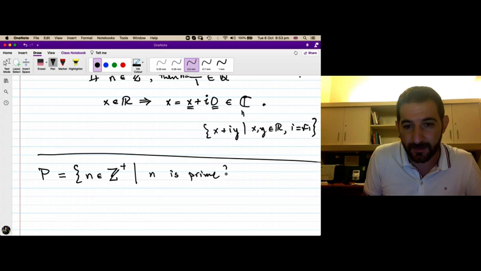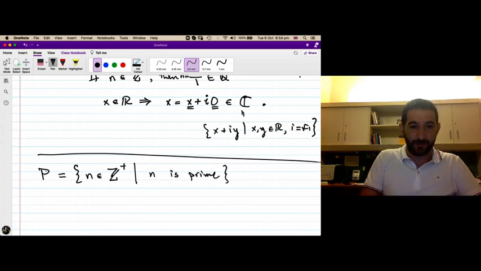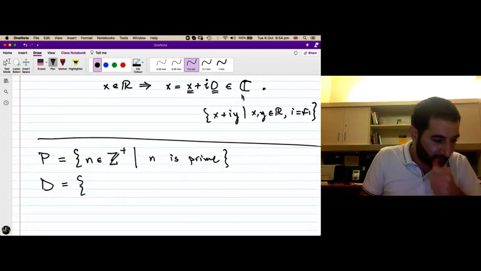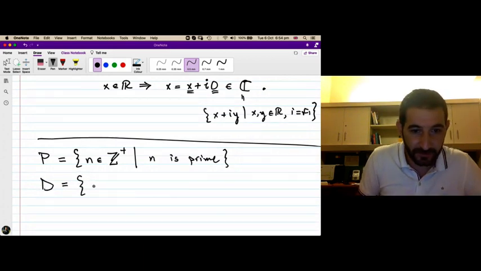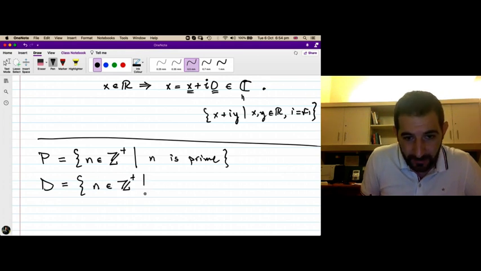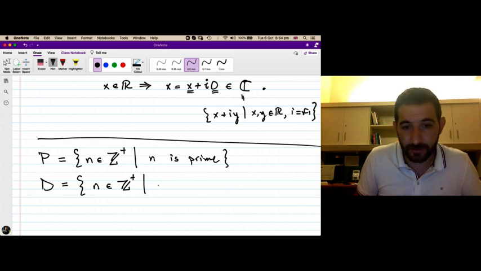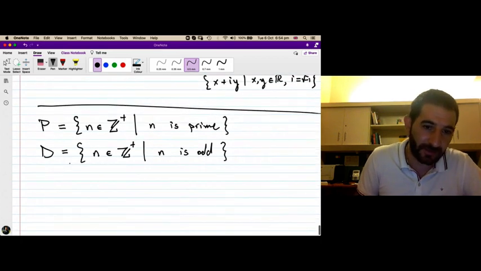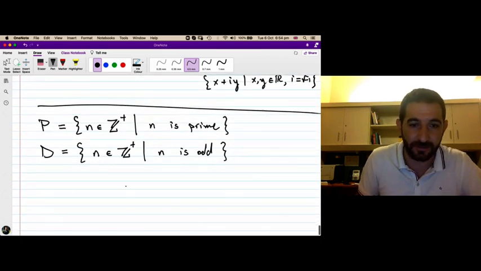So let this be the set P. Remember, this says P is the set of all positive integers n such that n is prime. And let D be the set of all positive integers n such that n is odd. So P is the set of prime numbers, D is the set of positive odd integers.